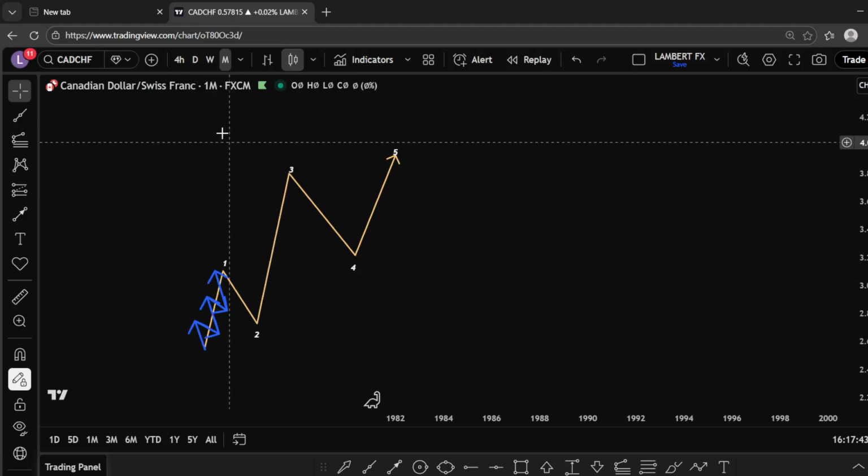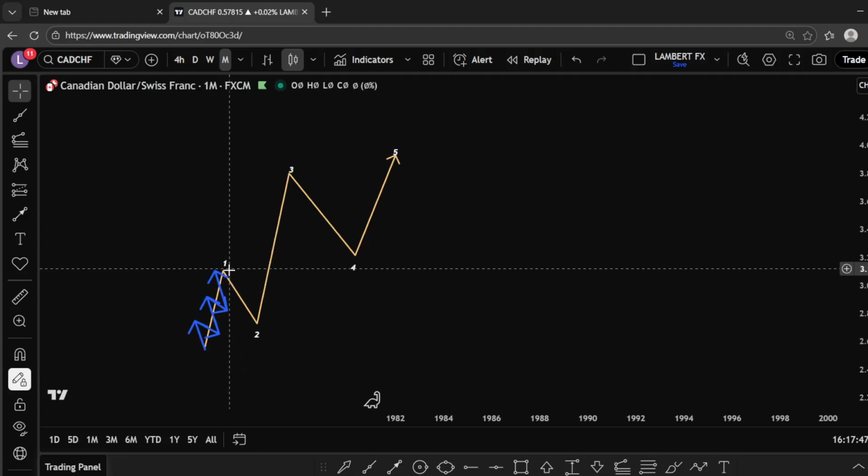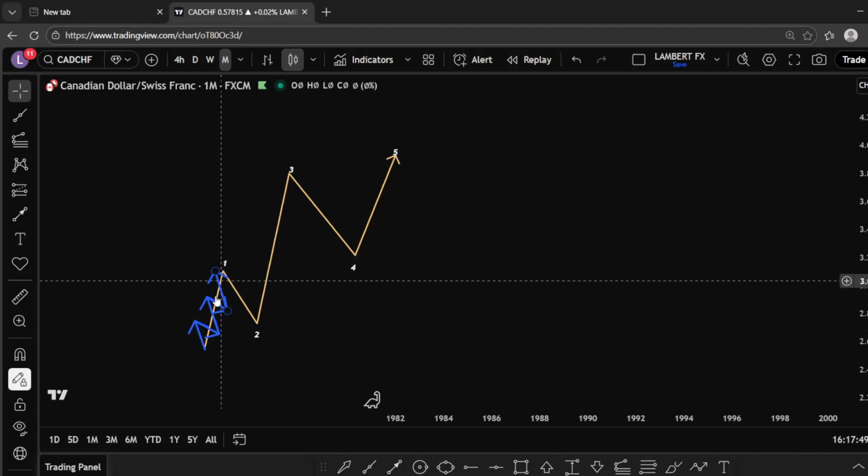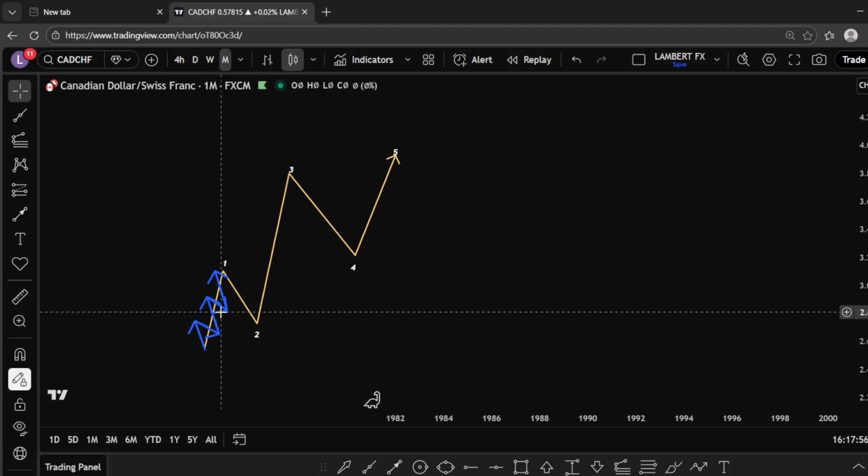So let's say, for example, this is a monthly time frame. On the 4-hour or daily time frame, this first leg should also have 5 counts or 5 moves to the upside. So this is the fractalness of this strategy. Whatever is happening on the daily or monthly time frame is also happening on the lower time frame.